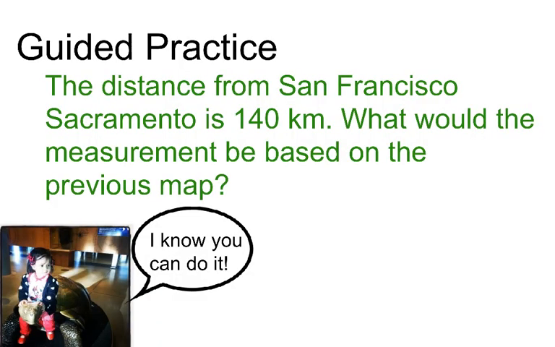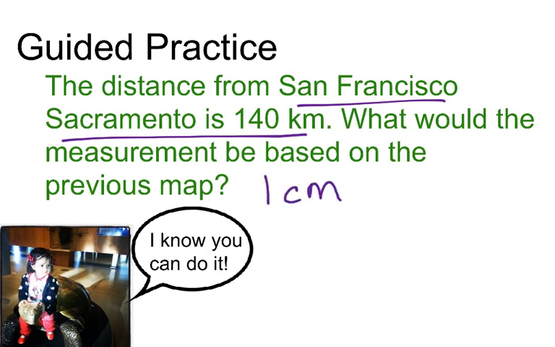Now it's your turn. So the distance from San Francisco to Sacramento is 140 kilometers. What would the measurement be based on the previous map? Well, we remember from the previous map, 1 centimeter is equivalent to 50 kilometers.